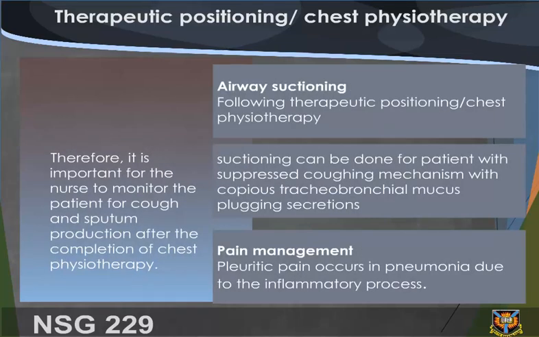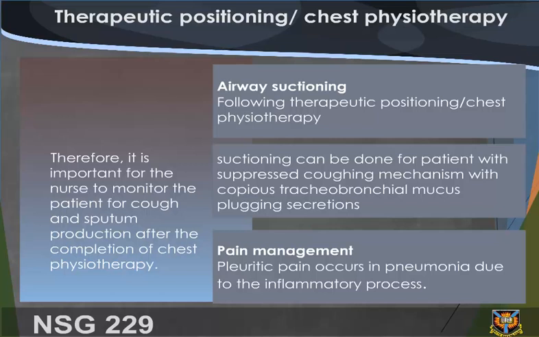Therefore, it is important for the nurse to monitor the patient for cough and sputum production after the completion of chest physiotherapy. Airway suctioning. Following therapeutic positioning or chest physiotherapy, suctioning can be done for patients with suppressed coughing mechanism with copious tracheobronchial mucus plugging secretions.